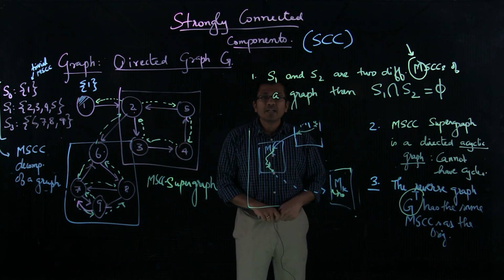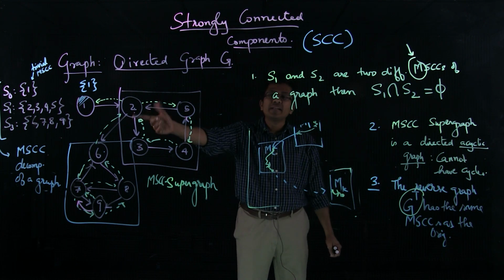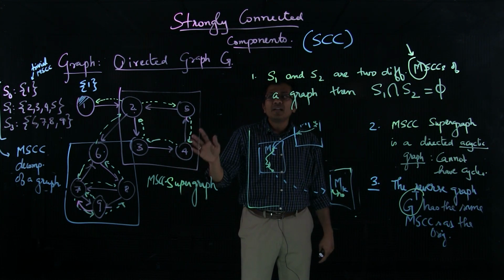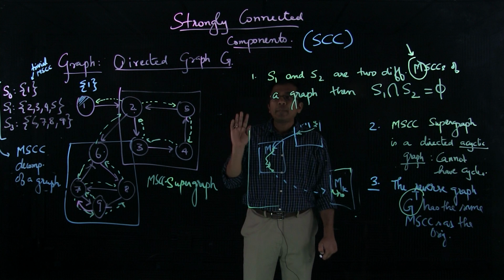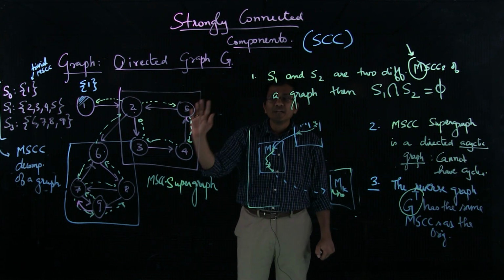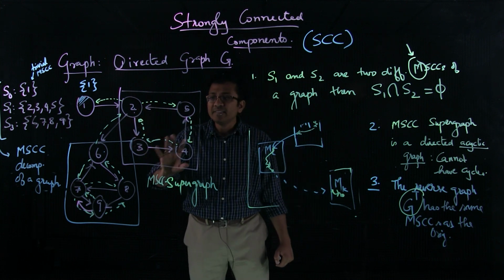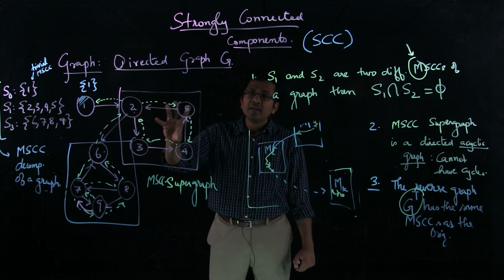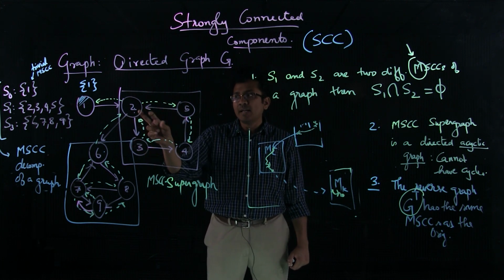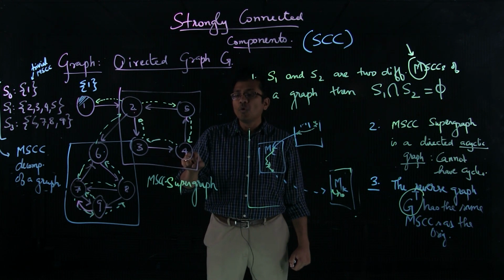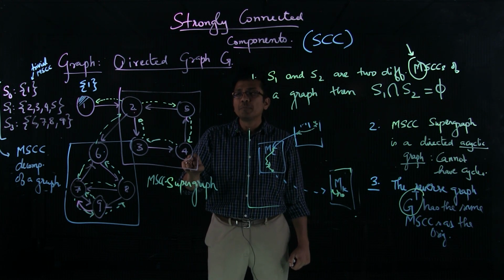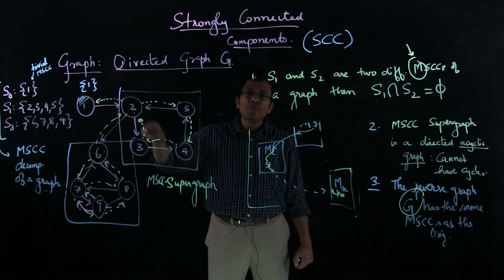All right. Now the claim is, if I reverse the direction of all the edges in the graph, I still get the same set of MSCCs for this new reversed graph. Why is that the case? Well, first, it's easy to see that every MSCC will remain an MSCC. Why is that? If I could go from 2 to 4 in the original graph, I could go from 4 to 2 in the same way in the reverse graph.